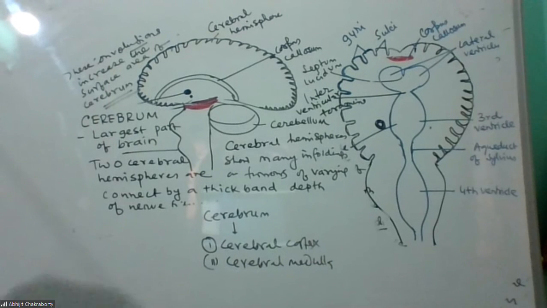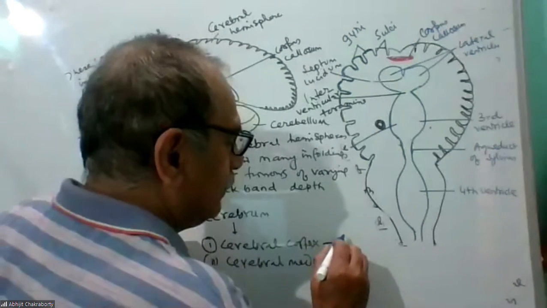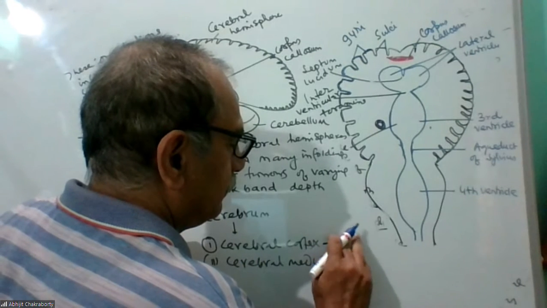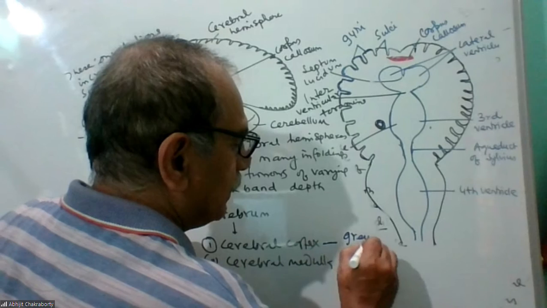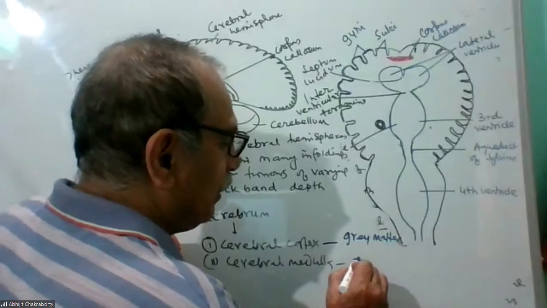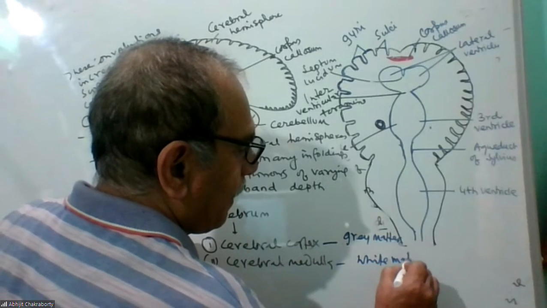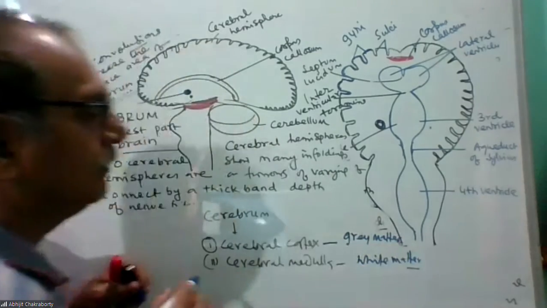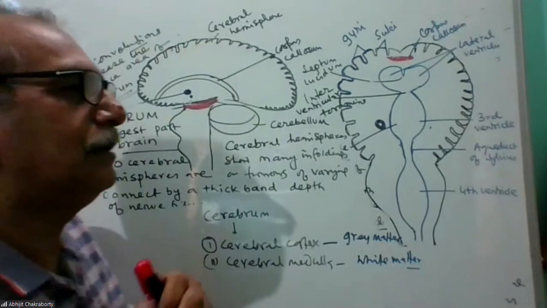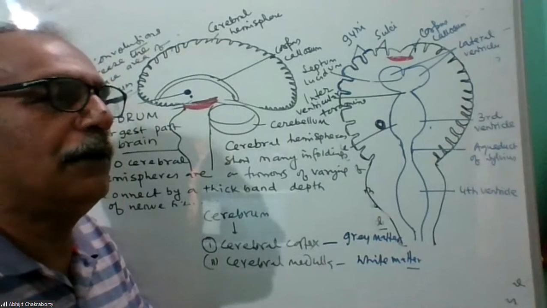Cerebral cortex is made of gray matter, and cerebral medulla is made of white matter.